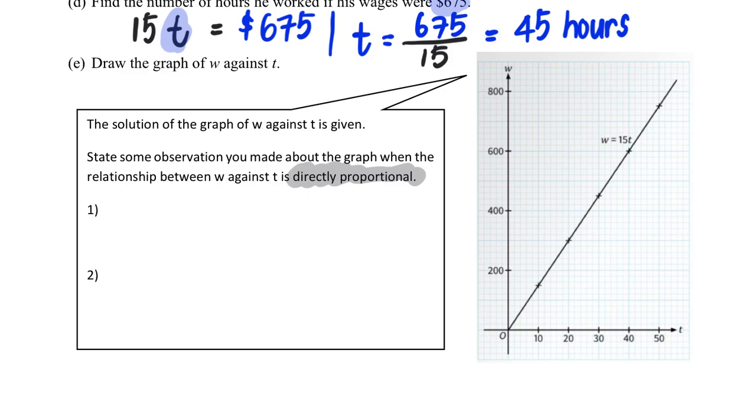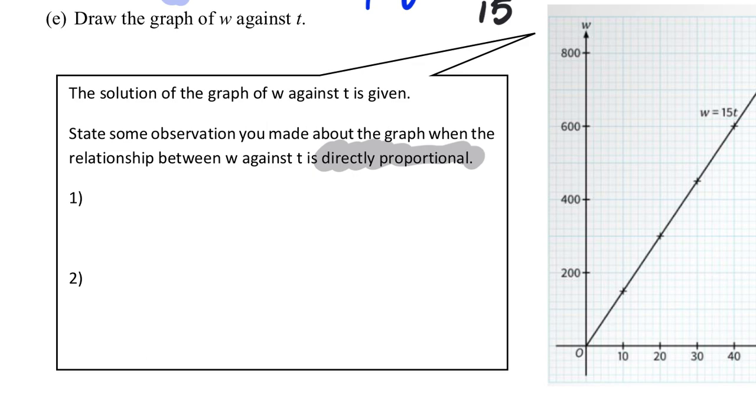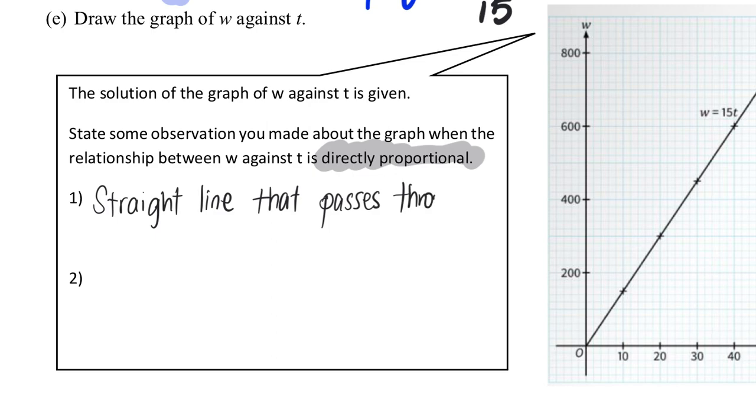The first observation is that it is a straight line that passes through the origin.